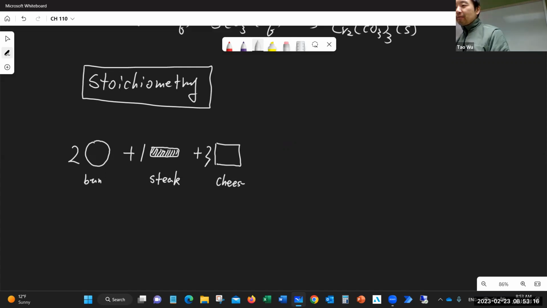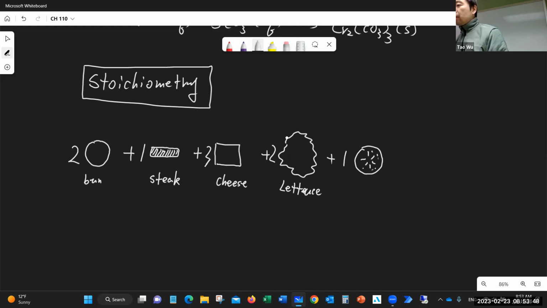Okay, and then let's be healthy. We got some lettuce. 2 lettuce, maybe too much. And then we're going to put one of the, let's see, what's this? Tomato. Yeah, 1 tomato over here.